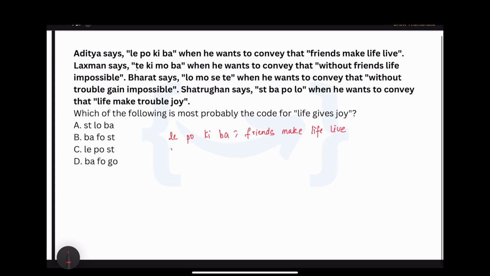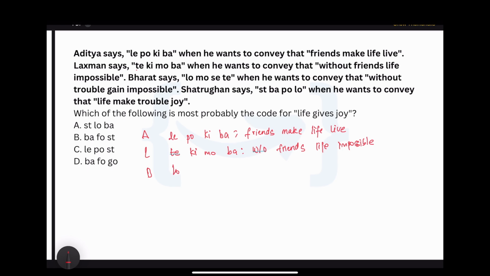Lakshman says, te ki mo bar, which means without friends, life is impossible. Now Bharat says, this is Aditya, this is Lakshman, now this is Bharat.